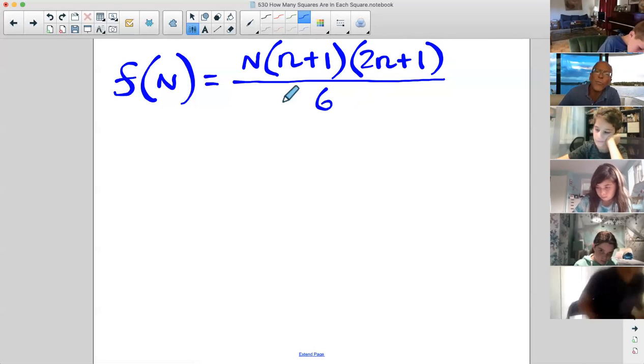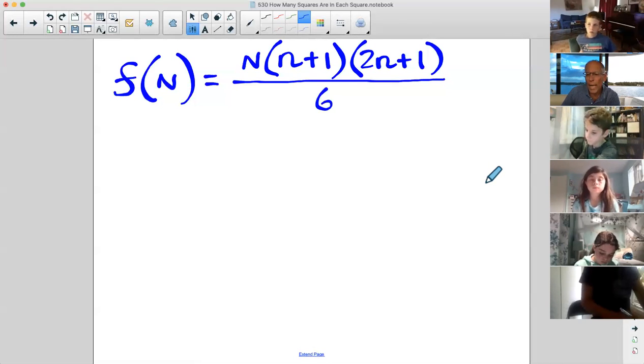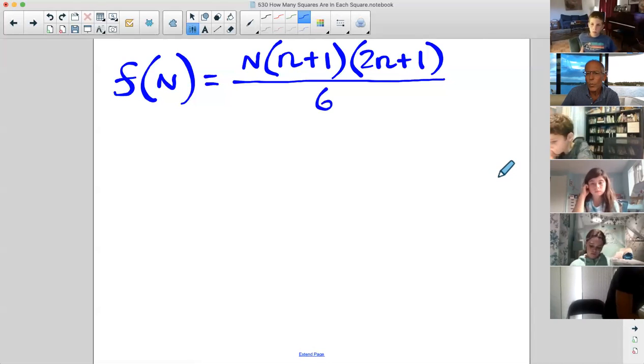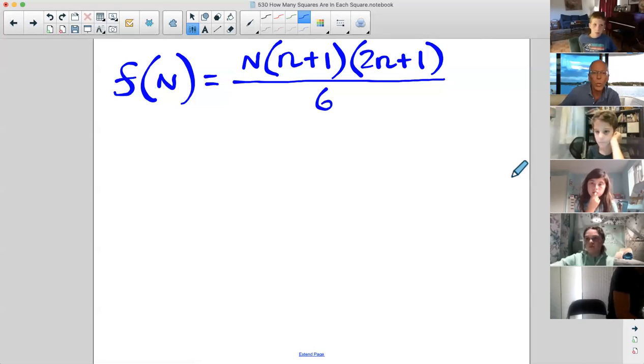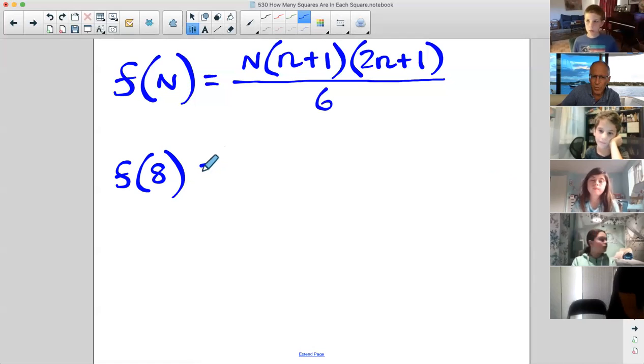So I want you to just write it down. Now we're going to have some fun. We're going to use something we already know the answer to. We know that when you have an 8x8 chessboard, the answer is going to be 204.